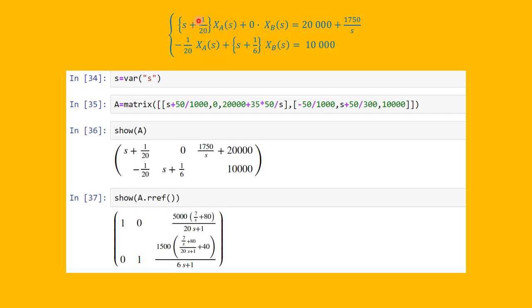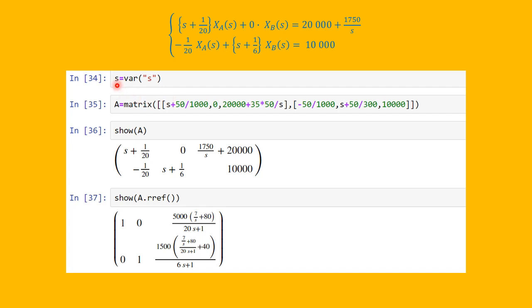S plus 1/20th, that quantity, times X sub A of S plus 0 times X sub B of S equals 20,000 plus 1750 over S. Second equation, minus 1/20 X sub A of S plus S plus 1/6 times X sub B of S equals 10,000. So let's set up those equations to be solved using SageMath.